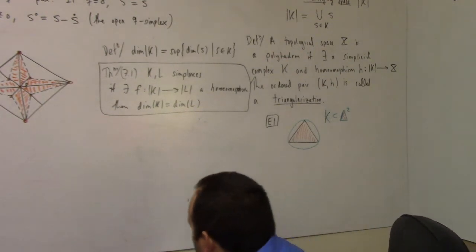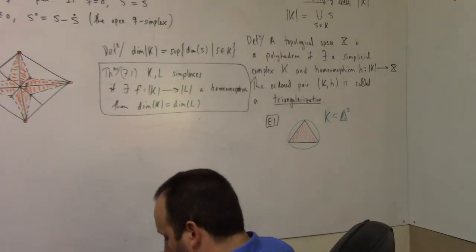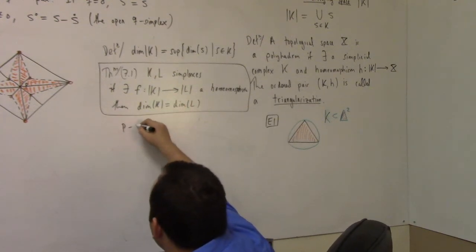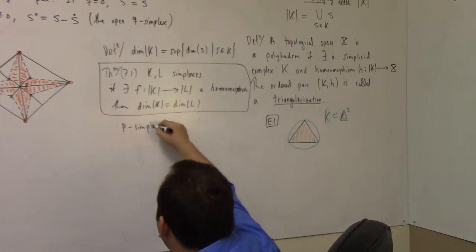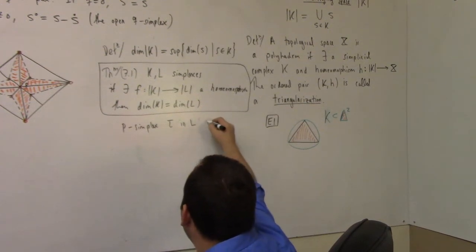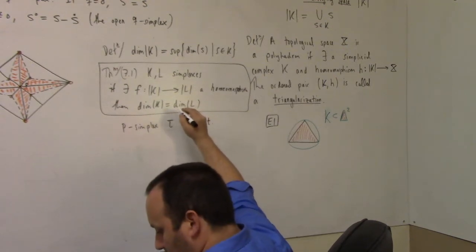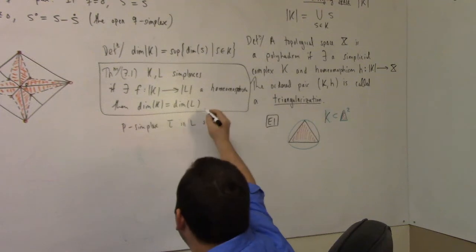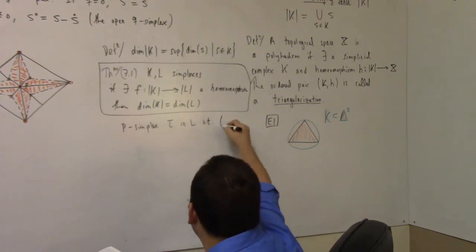Alright, now I gotta write something down here. So we've got a P simplex tau in L such that what? Oh, and what's the inequality here?